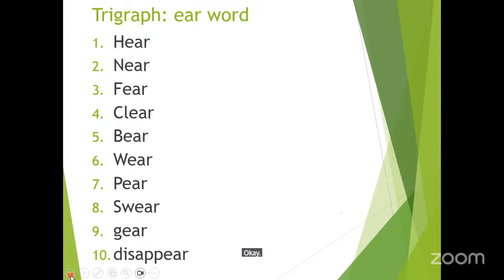Spell introduce. Introduce. Okay, introduce. That is T. Introduce. I will introduce you to your teacher tomorrow. Introduce.